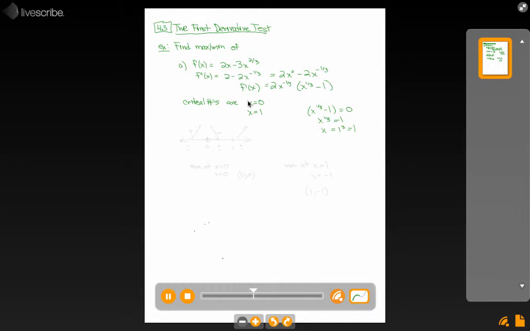So I've got one spot where the derivative is undefined, and one spot where the derivative is 0. Either way, they are both critical numbers.